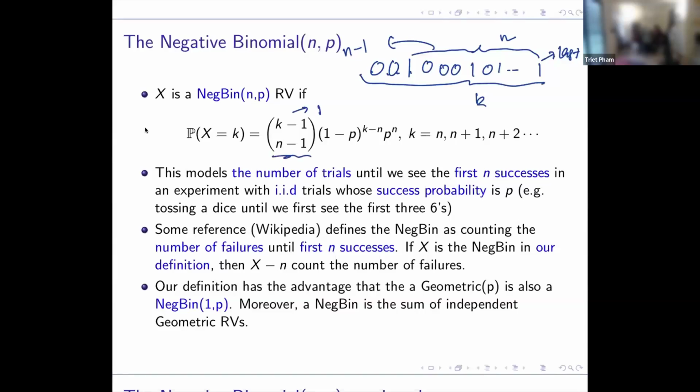So this is basically the positions of the first n minus 1 successes. After that, this probability is self-explanatory. You want n successes and k minus n failures. But you have to choose the positions of the first n minus 1 successes out of the first k minus 1 trials.